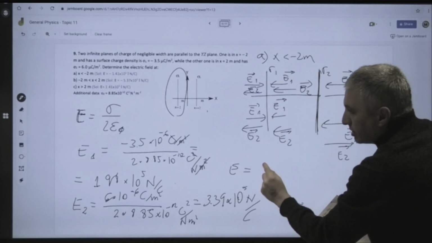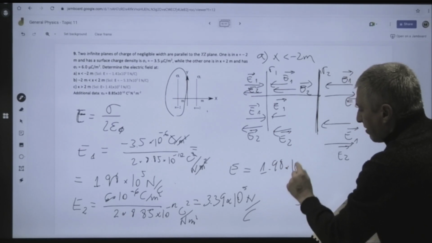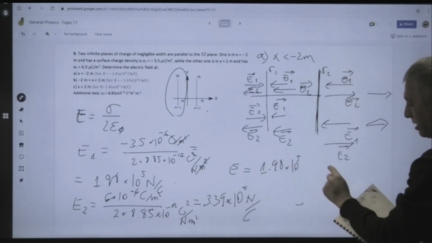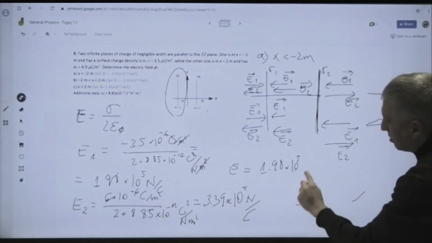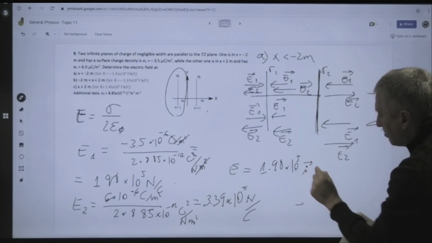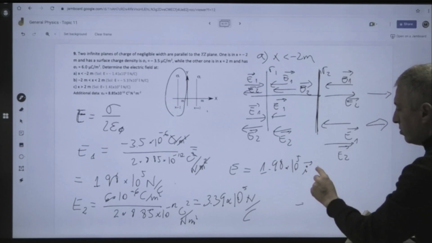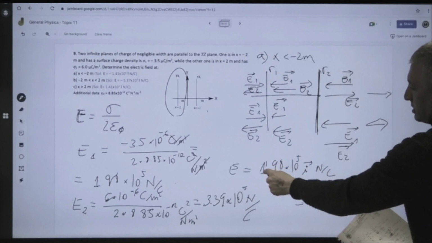So that will mean that this is 1.98 10 to the 5 i vector Newton divided by Coulomb, right? That will be the first vector, with positive sign.